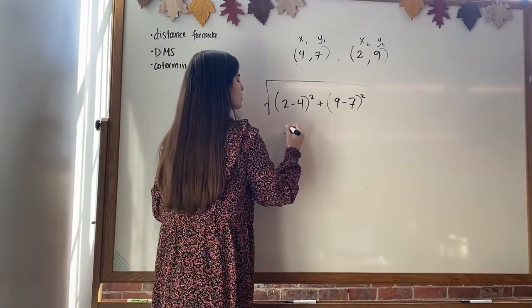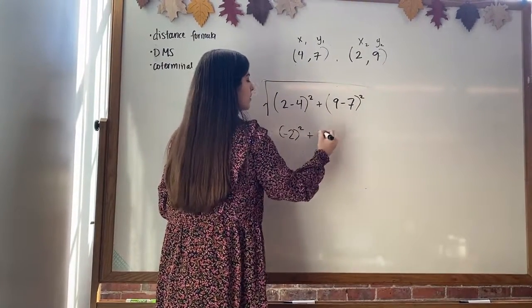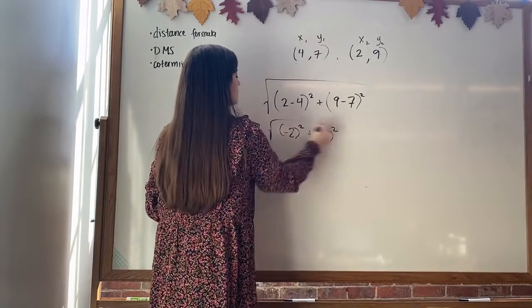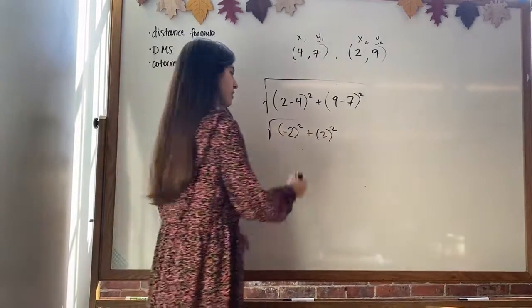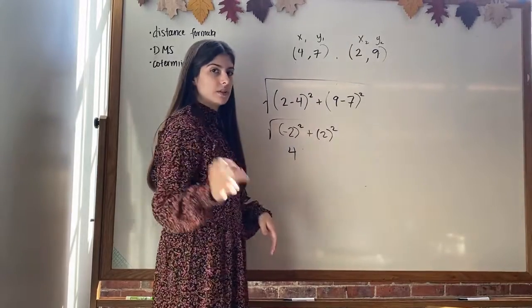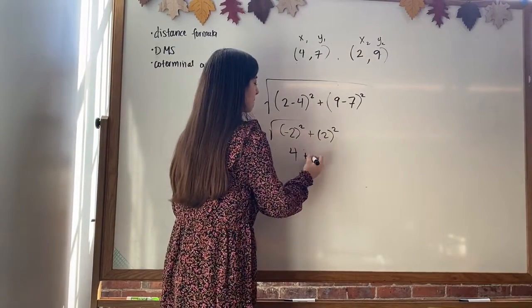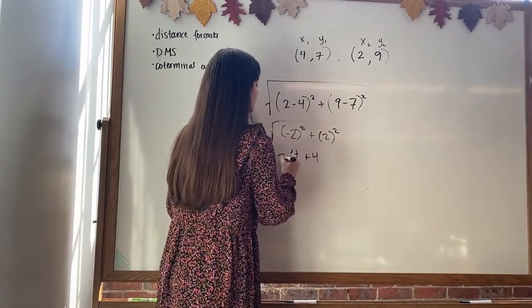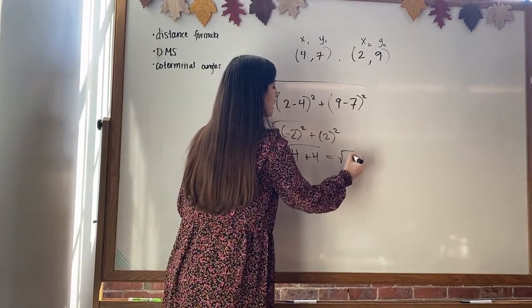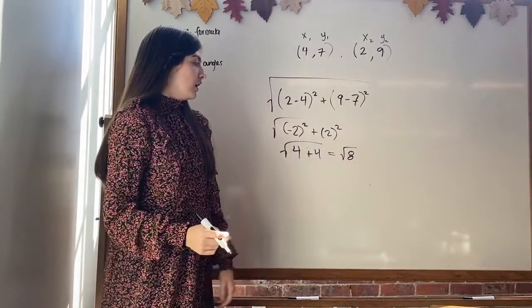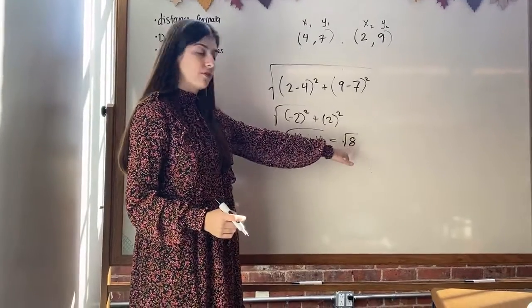Here we get negative 2 squared plus positive 2 squared. We take the square root. Negative 2 squared is just 4, because negative 2 times negative 2 is 4. And then 2 squared is 4. And this equals the root of 8. So this isn't a perfect square.